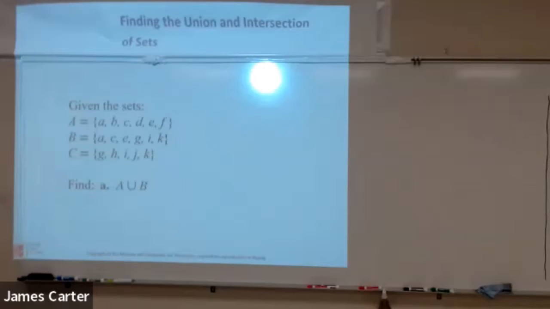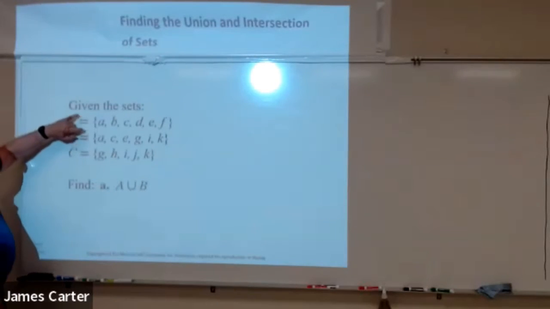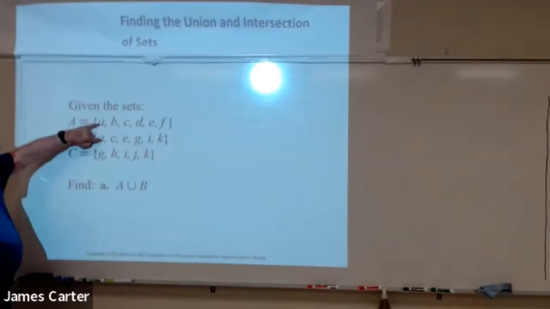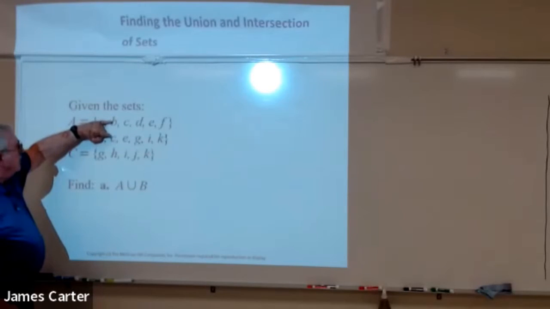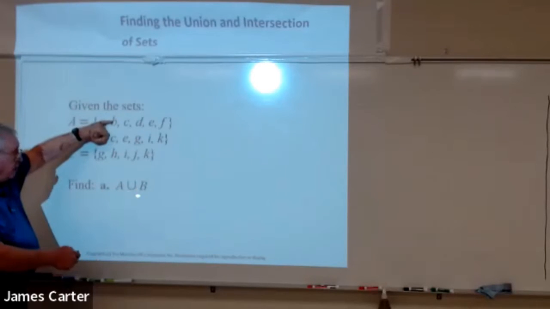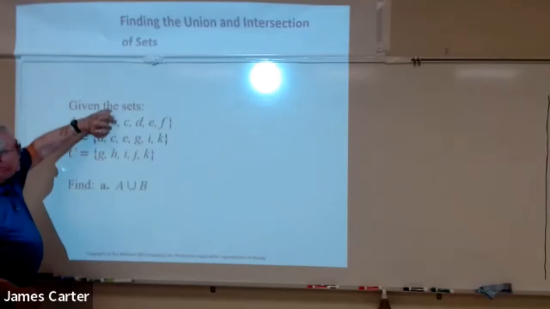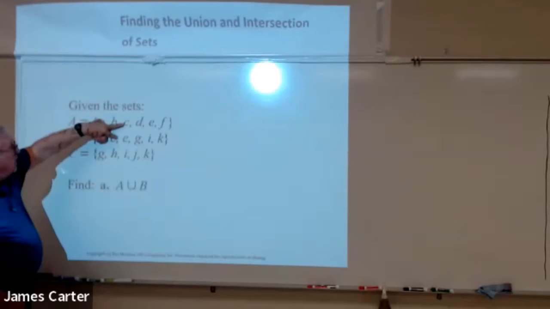Okay. So we'll look at A and B. They both got A. So A will be a member of this set. They don't both have B. So B will not be a member of this answer. They both do have C. So now we got A and C in our set down here.